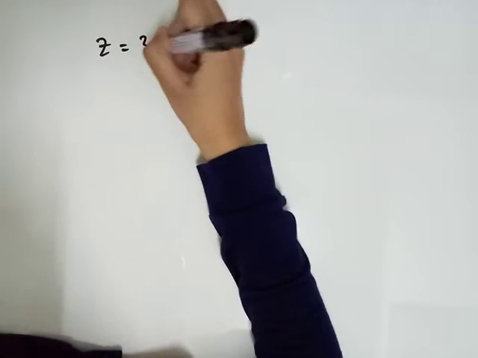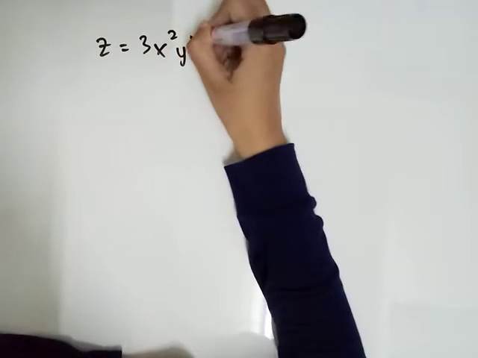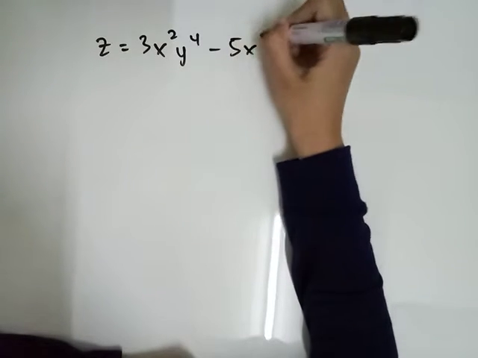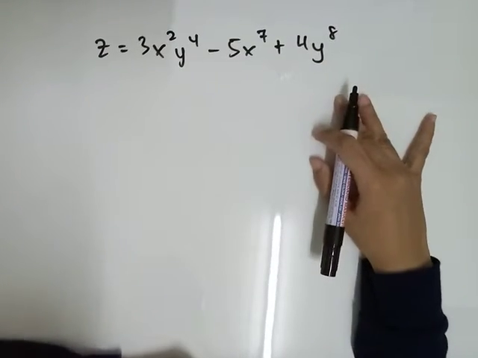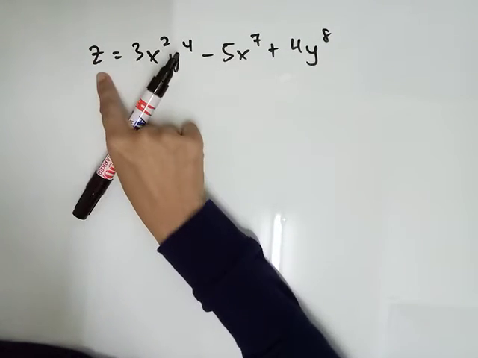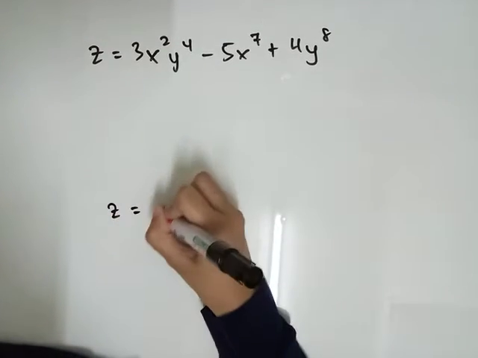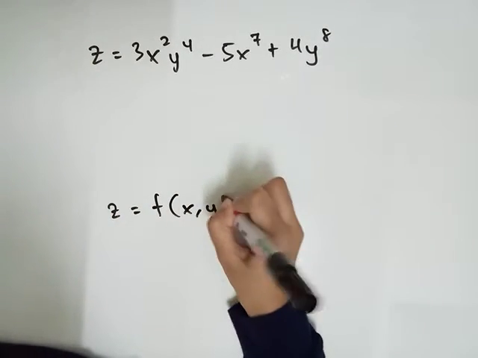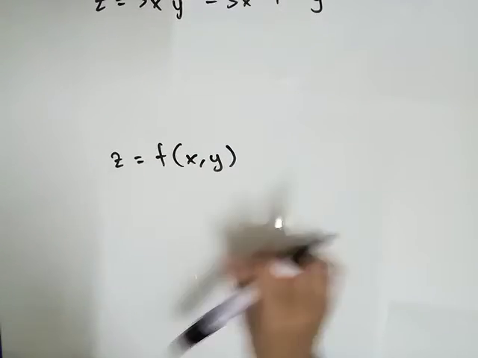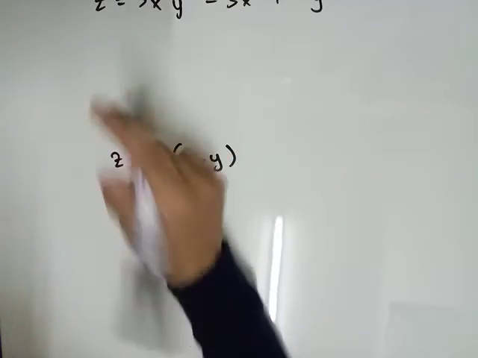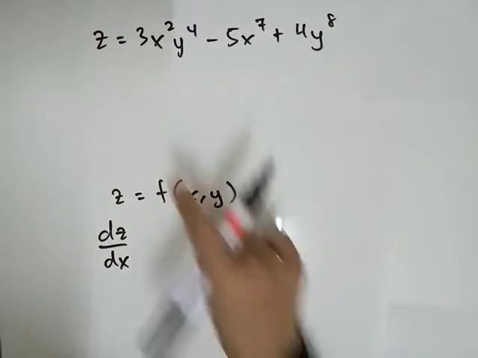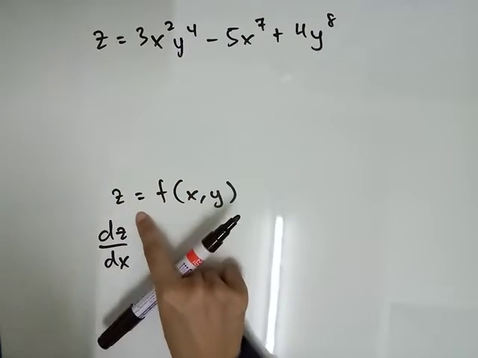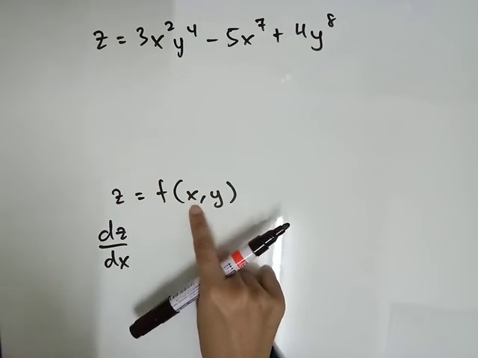Let's say we have z equals 3x squared y power 4 minus 5x power 7 plus 4y power 8. So z is a function of two variables x and y.